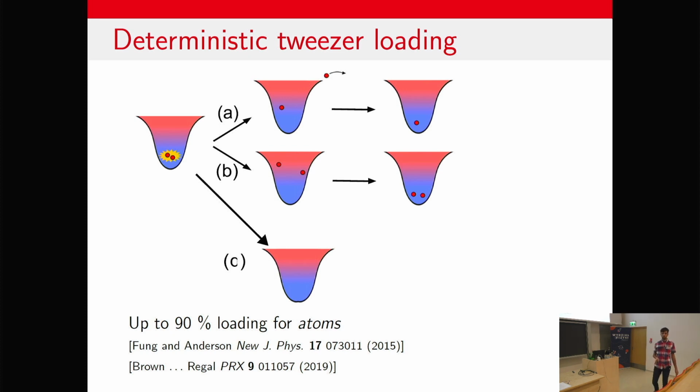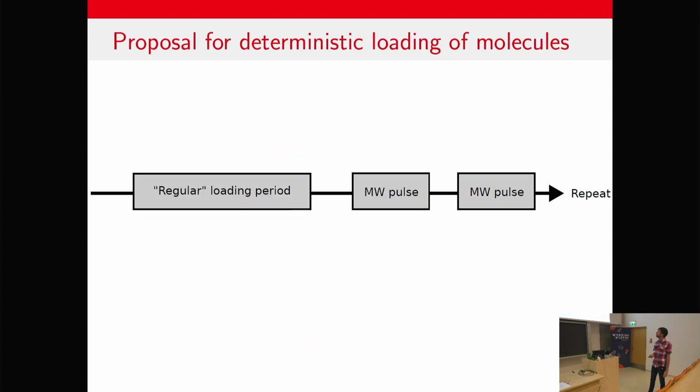So how does the repulsive C6 relate to any of this? Our proposal, and I'm not going into quantitative detail, is to do the following. We have the sequence where we're loading tweezers in what I call the regular regime, in quotes because there are some special requirements, but basically in this collisionally blockaded regime, we're loading single, let's say, calcium fluoride molecules for some period.